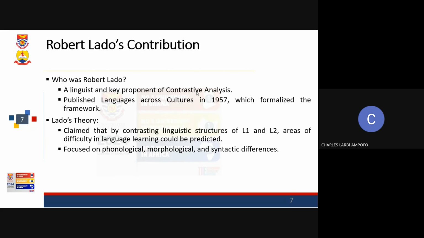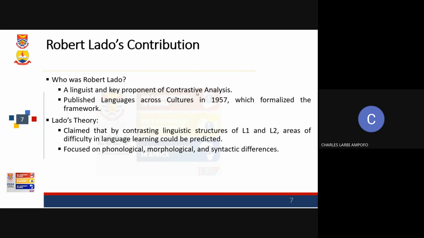However, we assume that they have a similar L1 because wherever we are, there is a dominant L1 there. So we assume that they all speak that language. Okay. So in this case, you assume that possibly they are Fanti speakers. All of them may not be Fantis, but we are just using the ideal situation because all over the country we teach a certain local language.